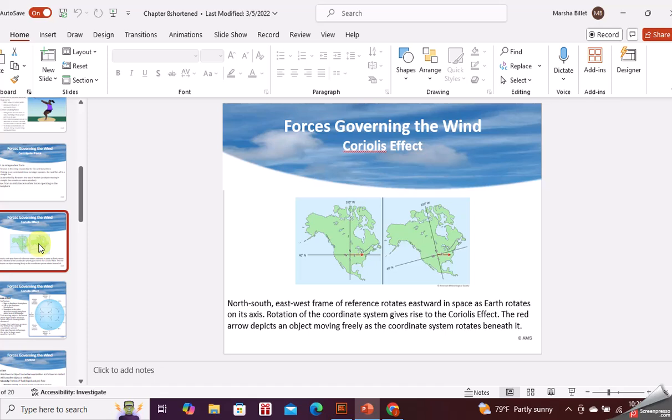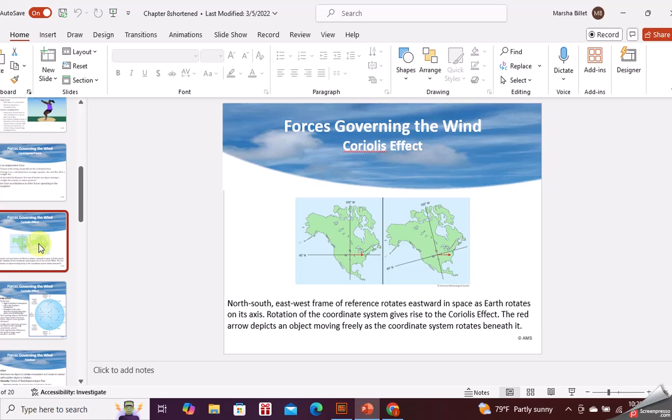Well, if I'm at the equator, I'm going a lot further than if I'm up in Hudson Bay, where the Earth isn't quite as far around as down in the equator. So that means that generates a force on wind called the Coriolis effect.